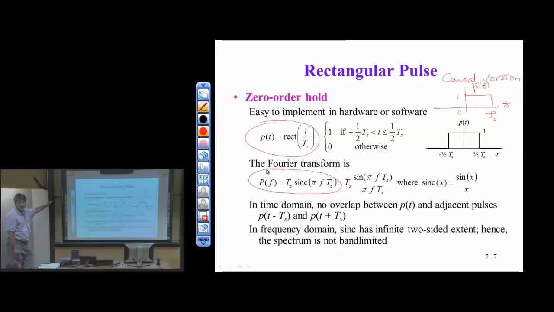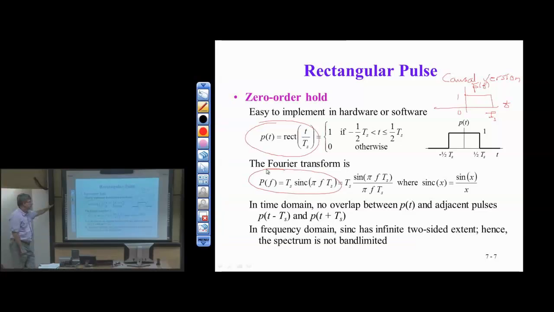What's the null bandwidth? It's fired by midterm 1. What's the null bandwidth for the sinc? 1 over TS. It's 1 over the width or length of the rectangular pulse.